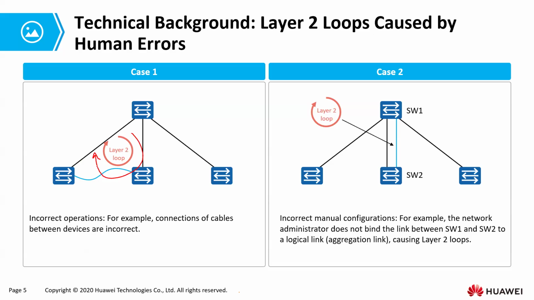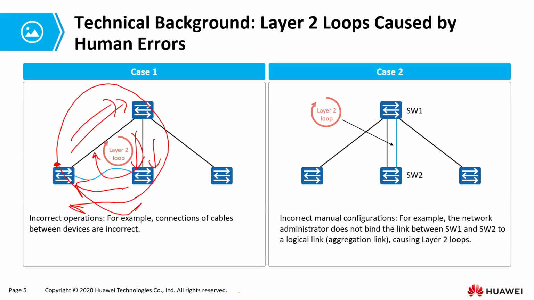So in this example, if you get a frame which starts from this one, it gets to this switch, it gets forwarded to this one. It comes back, it goes there, it comes back, it goes there. That's where the circular path comes from. So a loop, if you have a data frame, if you have information that is continuously being directed in a circular motion, that's a problem. That's what we call a layer 2 loop.